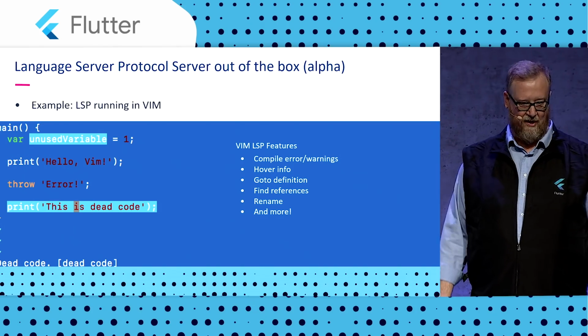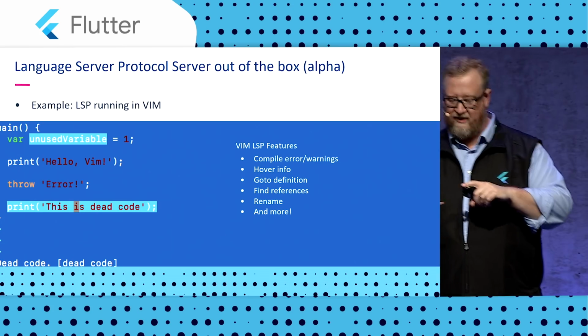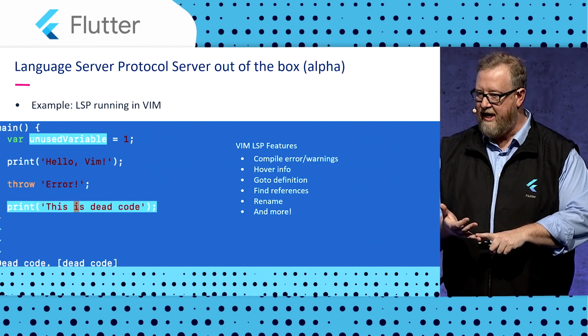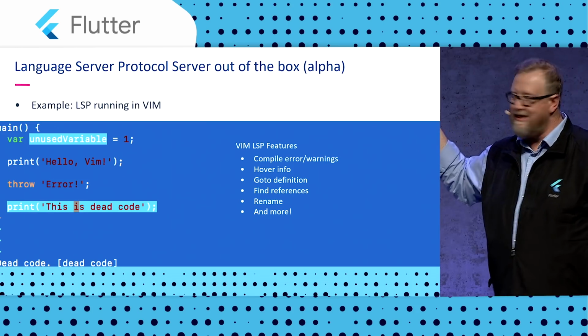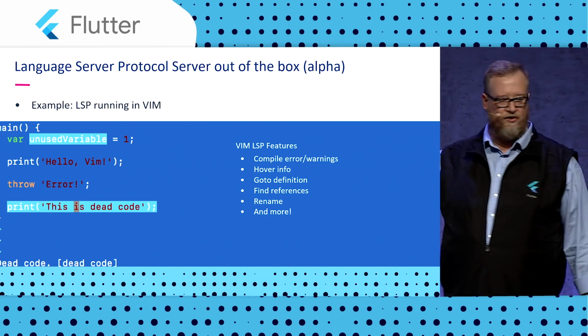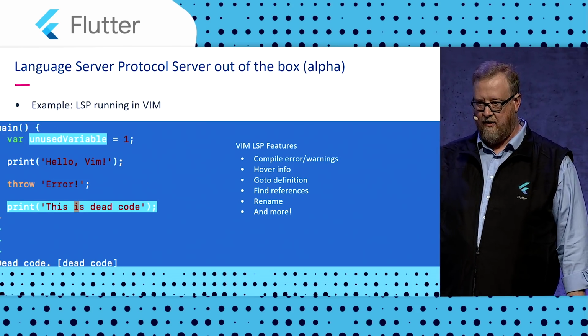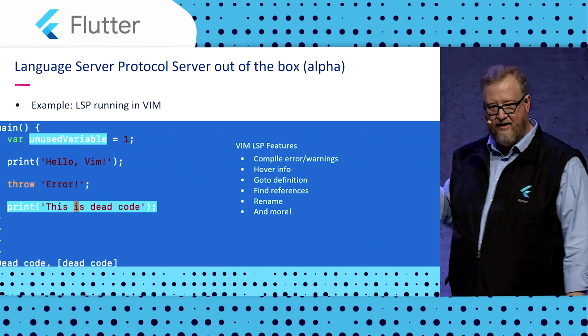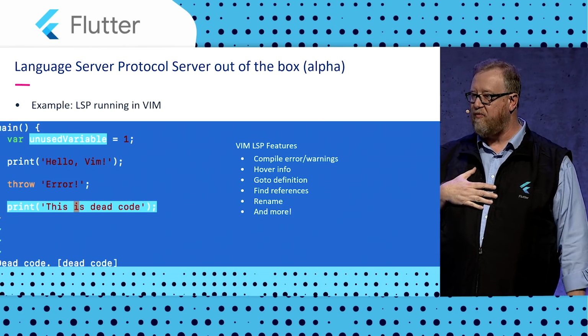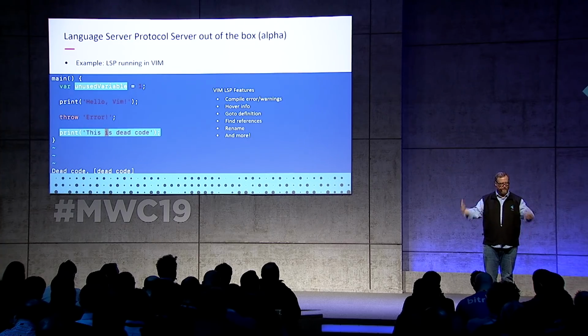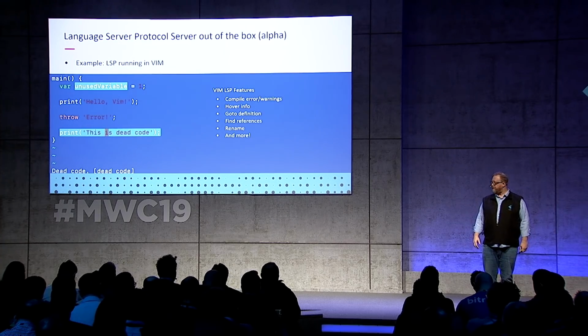Anyway, for those of you who like Vim or other editors besides IntelliJ, Android Studio, or Visual Studio, we're actually releasing an alpha of a language server protocol implementation in this release so that you can plug it into your existing editors, even if we don't support them directly, with all that functionality, if you want to.